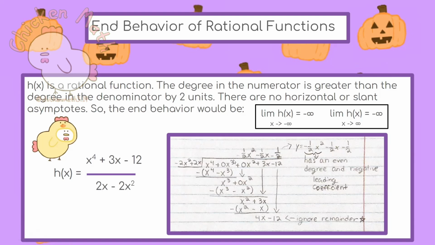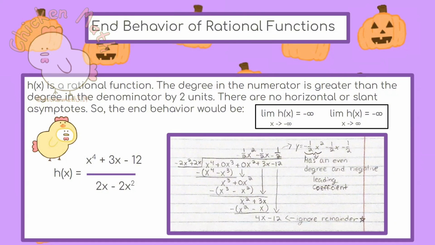And the quotient that you get is negative 1/2 x squared minus 1/2 x minus 1/2. So we're going to be looking at the end behavior of this equation, as if it was y equals whatever this is. So again, just to refresh, to find the end behavior of a polynomial function, we're going to be looking at the degree and then the leading coefficient.